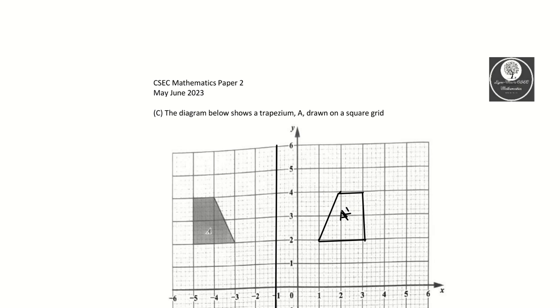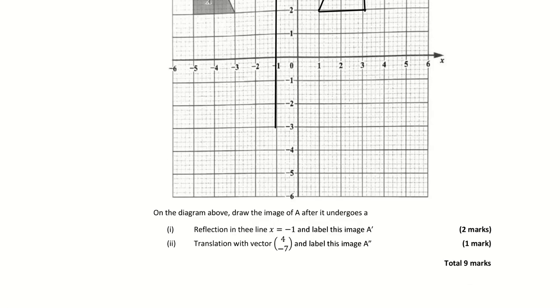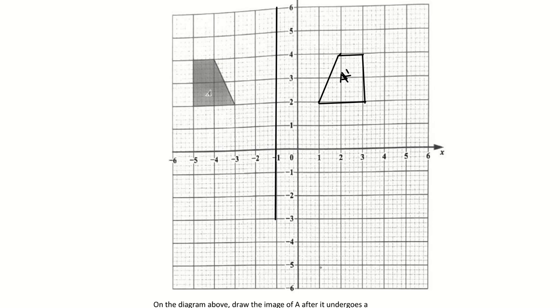They're going 6 units down, they said. No, 7 units down. Let's use this one. 1, 2, 3, 4, and then 1, 2, 3, 4, 5, 6, 7. So it's going to be here.